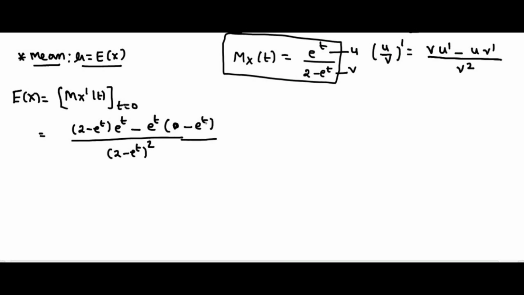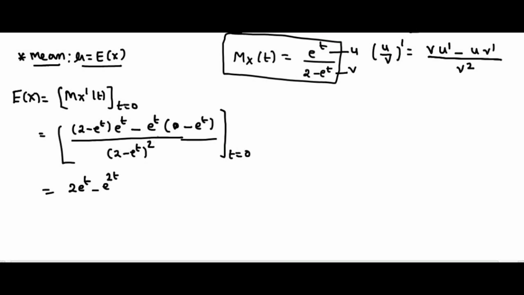After that we substitute t equal to 0, but later. If you simplify this, if you multiply, we get 2 e power t minus e power t, which means if the base is same we can add, we get 2t.